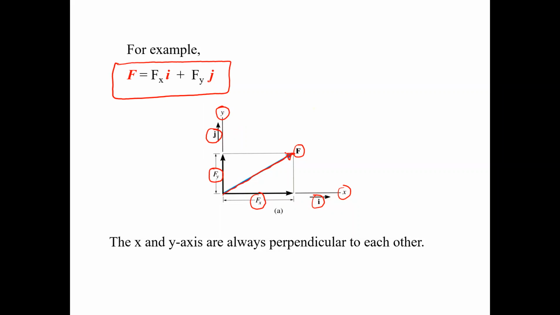So F is the original vector, Fx is the x component, Fy is the y component, this vector i is the direction vector showing the direction of the x-axis, and this unit vector j shows the direction of the y-axis. And again, if you look here, this F is bold, italic, and red.